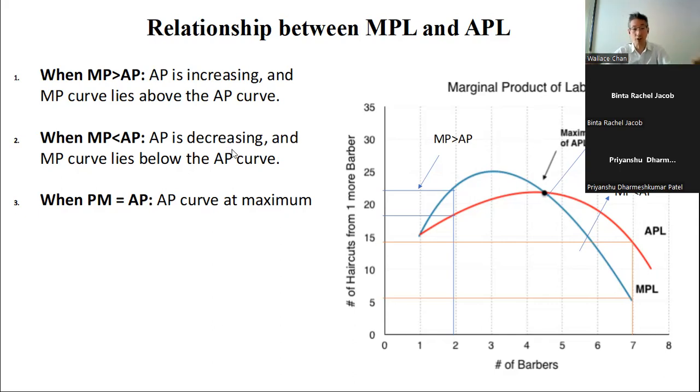You can imagine if the new person who comes in offers less than the previous person, then it will lower your overall average. So at this point, the MP curve lies below the average product curve.